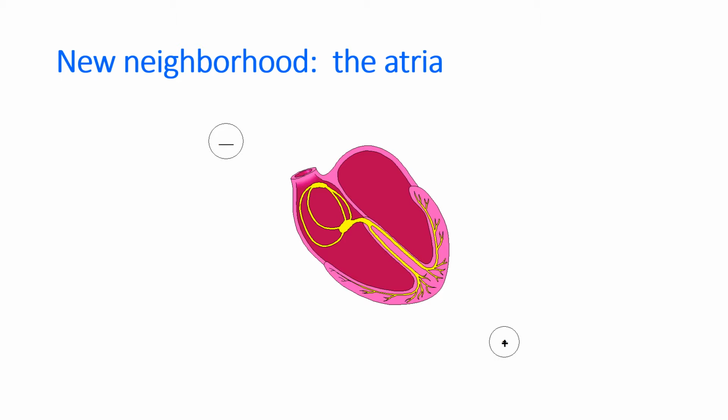Beats that originate outside the SA node don't look the same as a sinus beat. They don't have the P wave that looks all the same. They don't have uniformity. This slide illustrates lead 2.